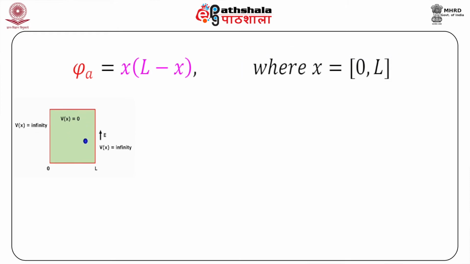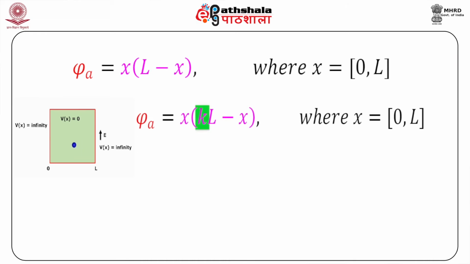The trial function so considered here contains no variational parameter. But if the trial wave function had been as in equation 3a, then the coefficient k would have represented the variational parameter in the equation.